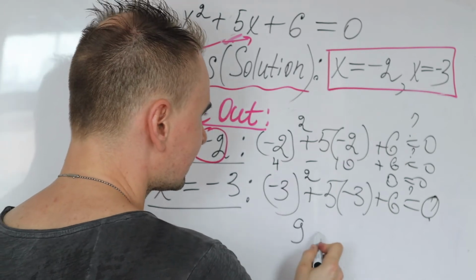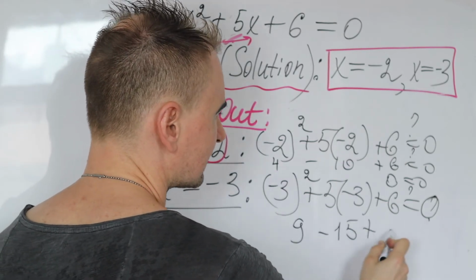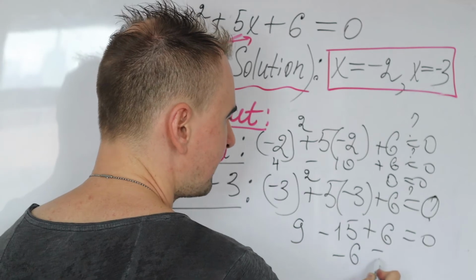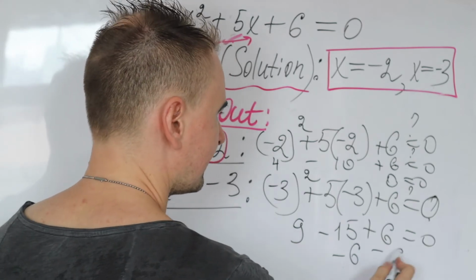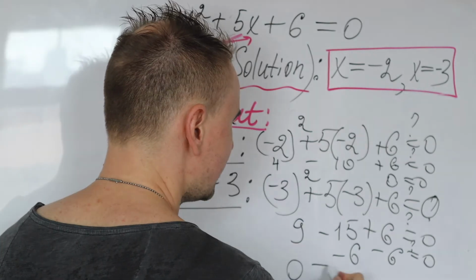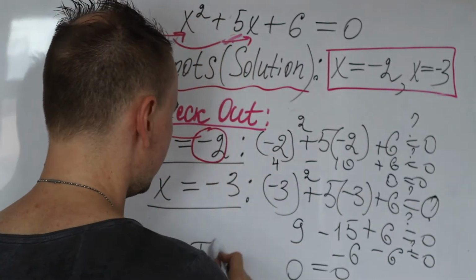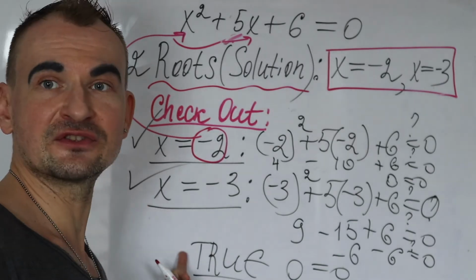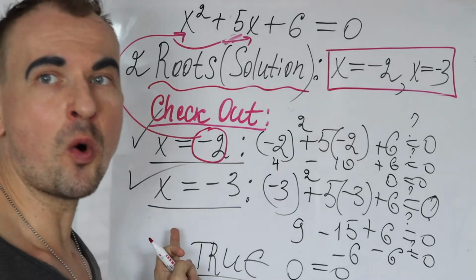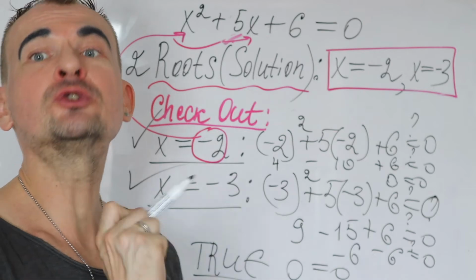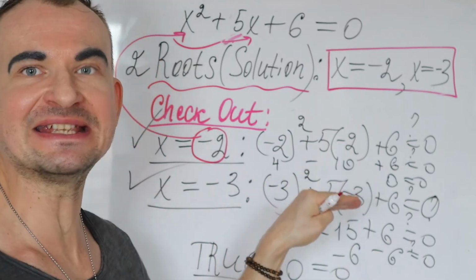So 9 minus 15 plus 6, and you end up with 0 equals 0. This is basically true. So the second solution, the second root also checks out. As I said before, you don't have to write it explicitly.